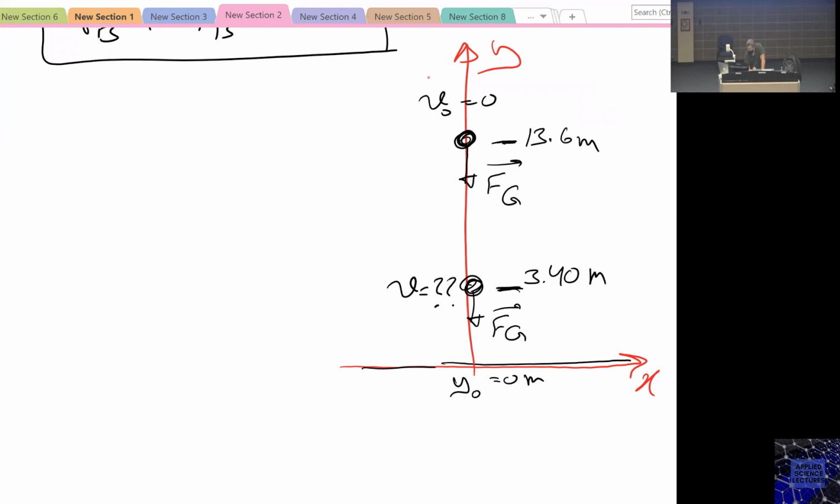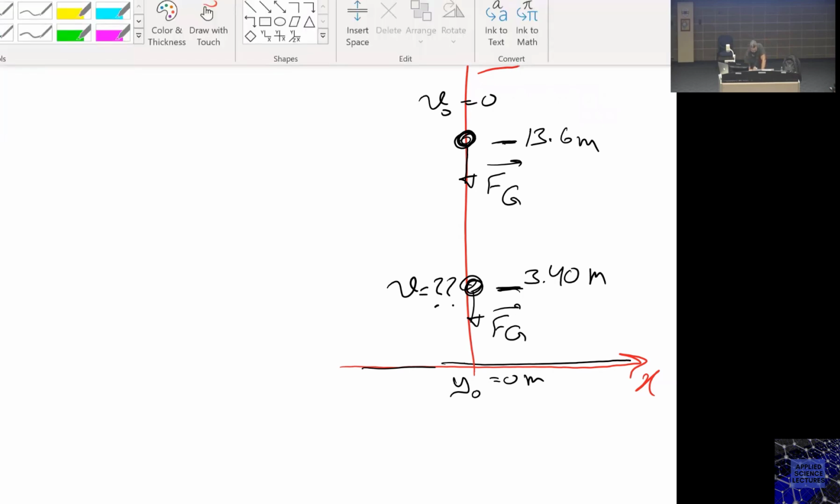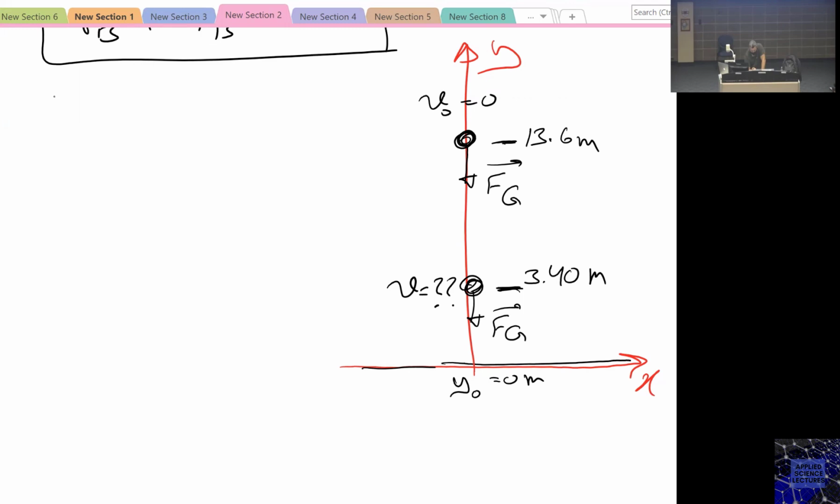So at the beginning here, I will calculate EP naught, which is mgy. I don't know the mass of that diver. I only know the height and I know the acceleration.